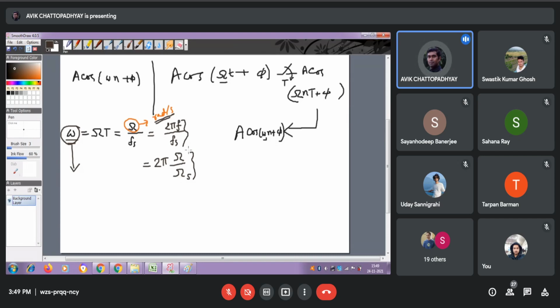So in digital signal processing, while people process these kinds of signals in the digital domain, there is a limit. The corollary is that we cannot go beyond half the sampling frequency. Otherwise, we will be facing some distortion.